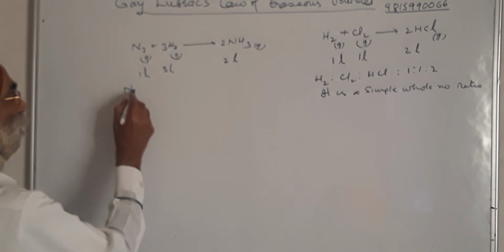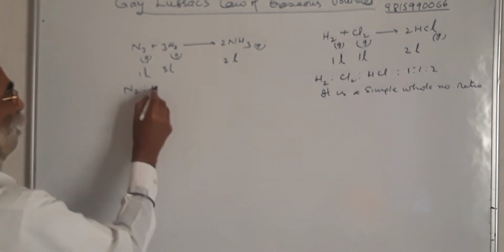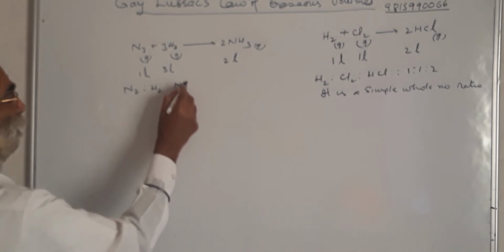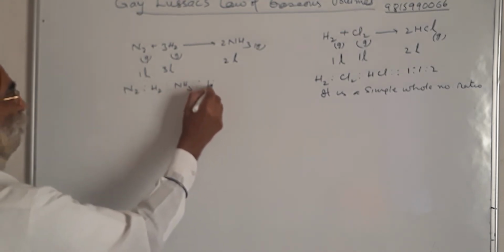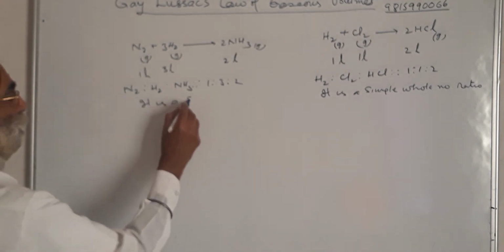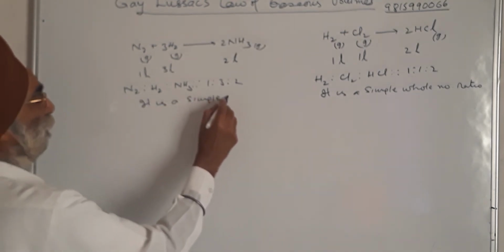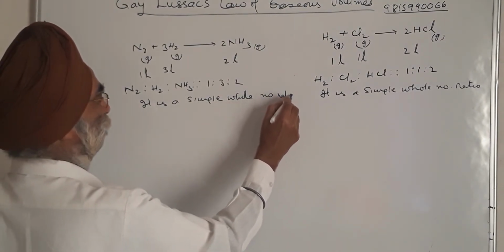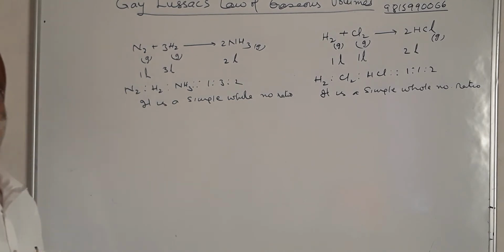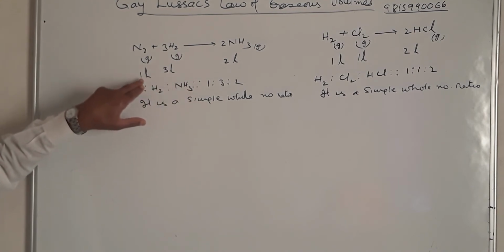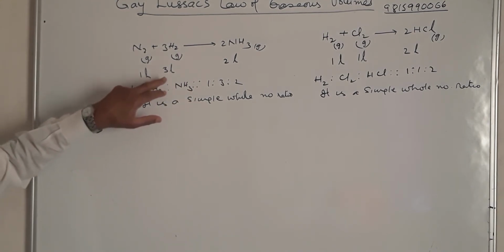The ratio between volumes of nitrogen, hydrogen, ammonia is 1 is to 3 is to 2. It is a simple whole number ratio, but it is more practical to ignore this unit of volume, that is a liter.